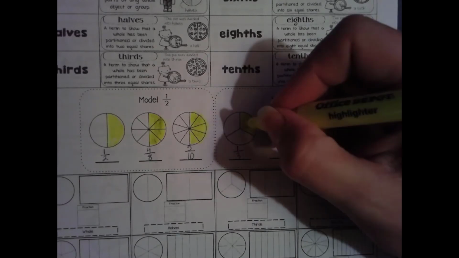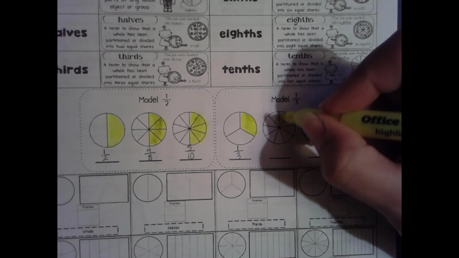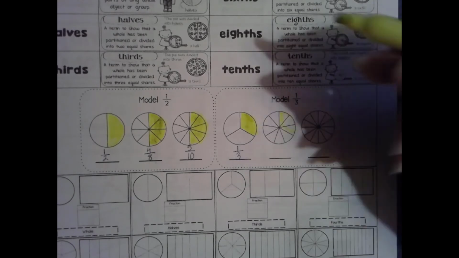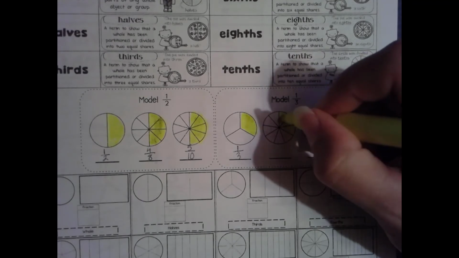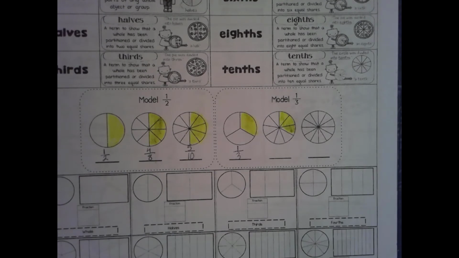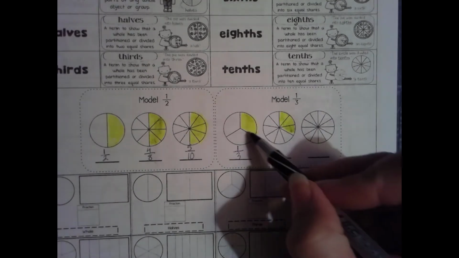Well, I want to shade this exact amount on this one. So it would be this right here. That's the exact amount. See how that is the same area as this?